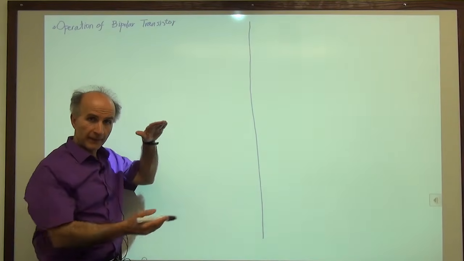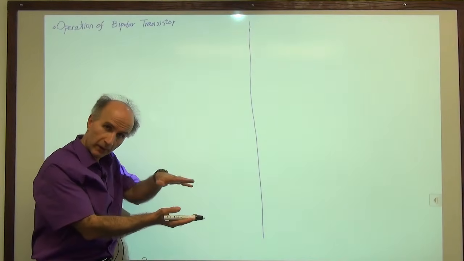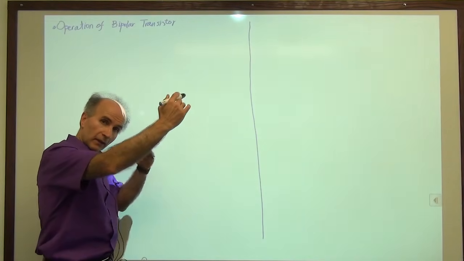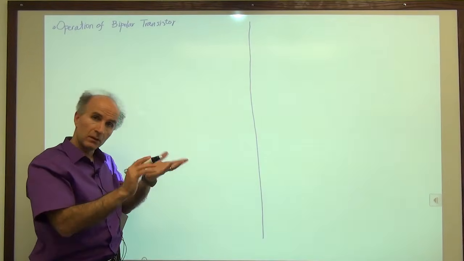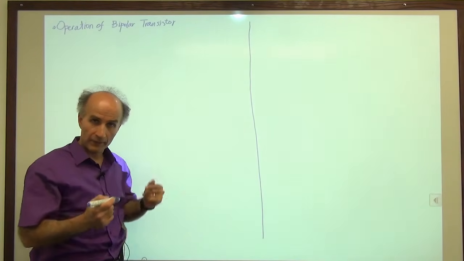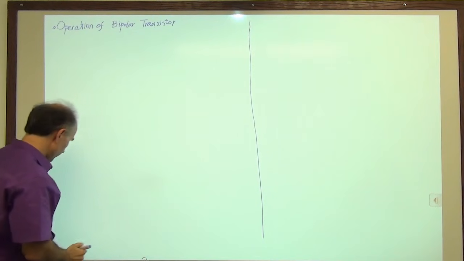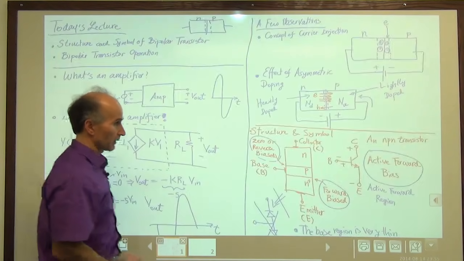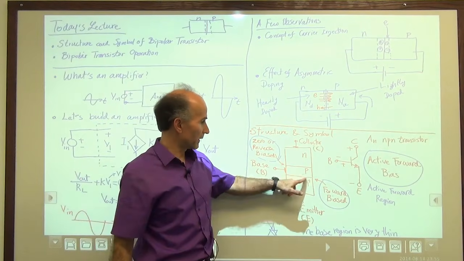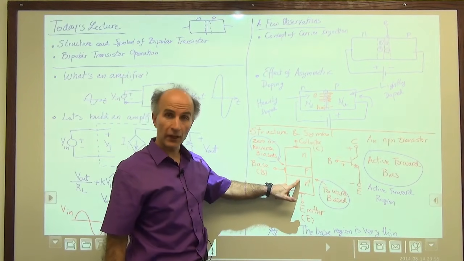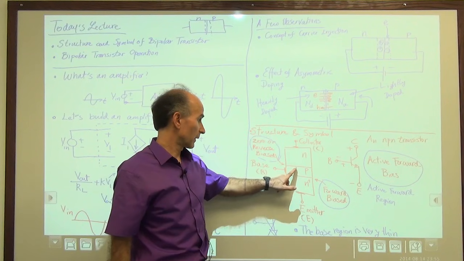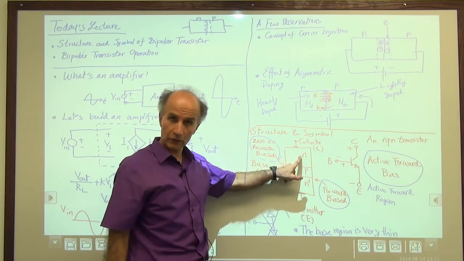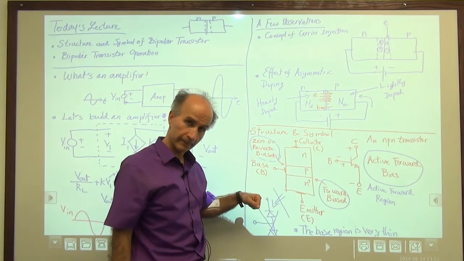Remember, the base emitter must be forward biased, and the base and collector junction must be reverse biased or have zero bias. So you can see that I'm using this name now. So let me go back here and make sure that we are familiar with this name. So from now on, we will call this the base emitter junction. I will call this the base collector junction, or collector base junction, doesn't make any difference.